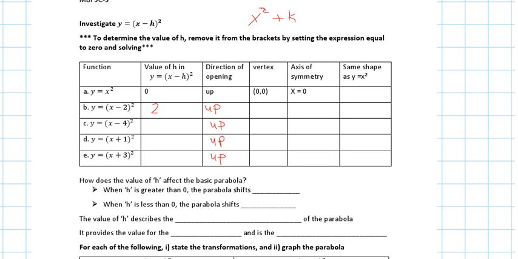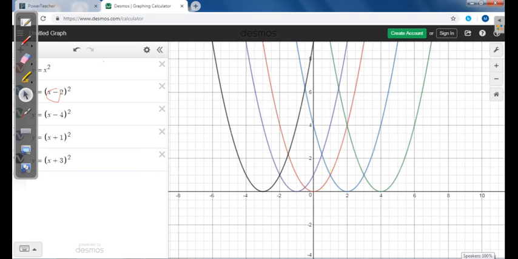What happened to your vertex? (2, 0). So if I go back here, the vertex is (2, 0). Can you guys tell me what the axis of symmetry is for this one? x equals 2. That's right.